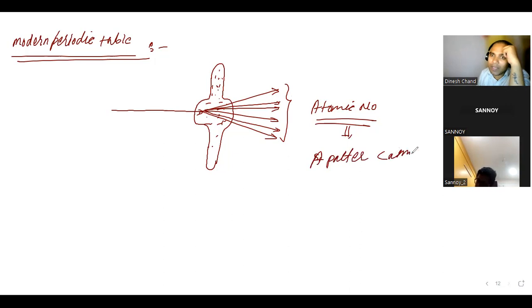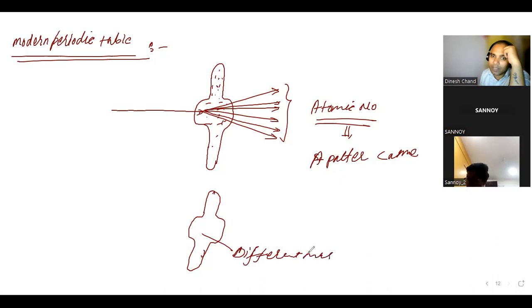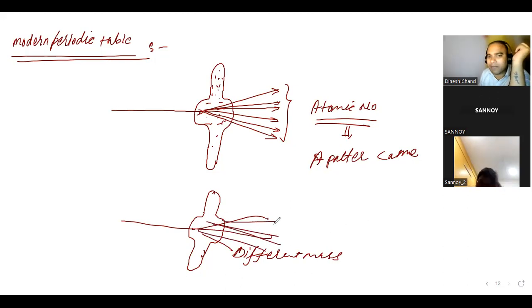But when he took different masses of the gas in the same tube, with different mass elements, he was not finding any proper pattern. When making the graph, he did not find a pattern.